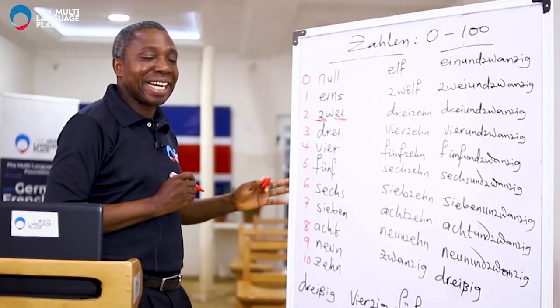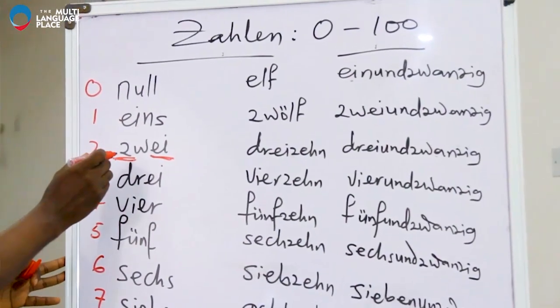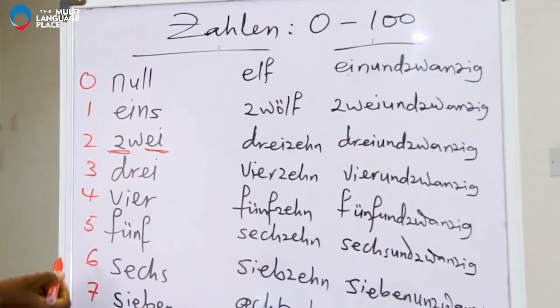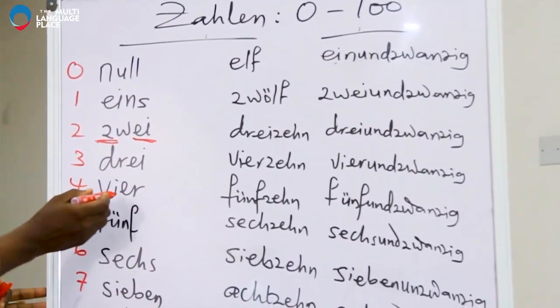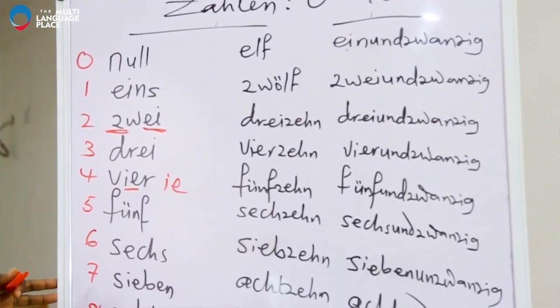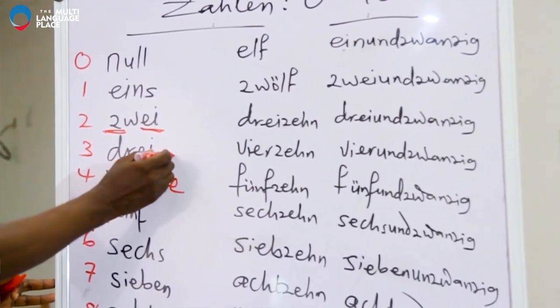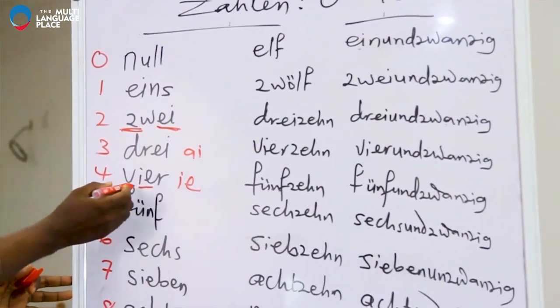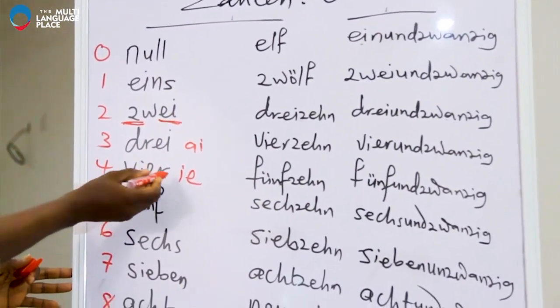It's pronounced like T and S. So we have 2, 3, 4. You notice this one: IE is E, EI is I, something like this. And then this one is E, 4.